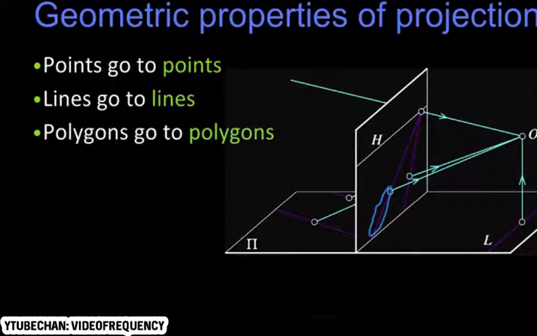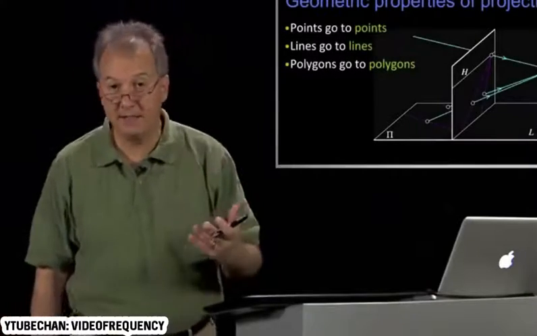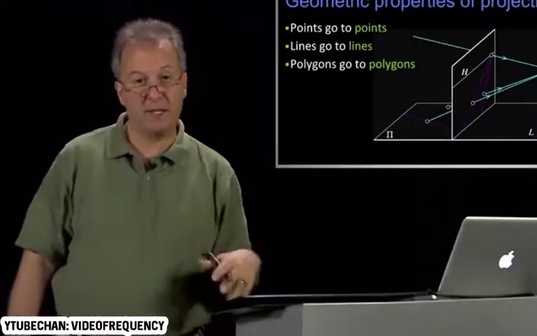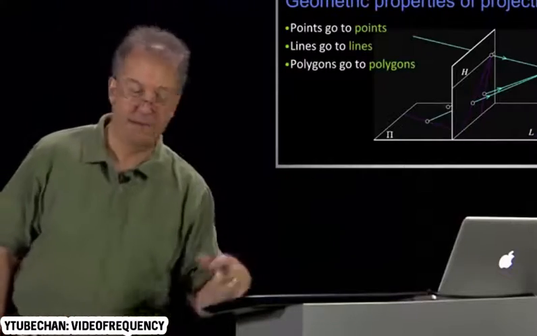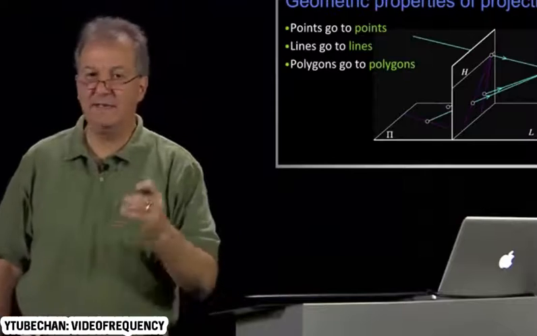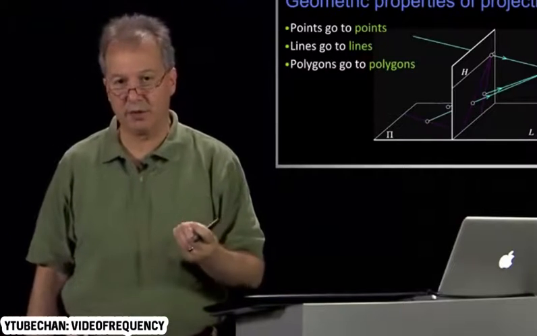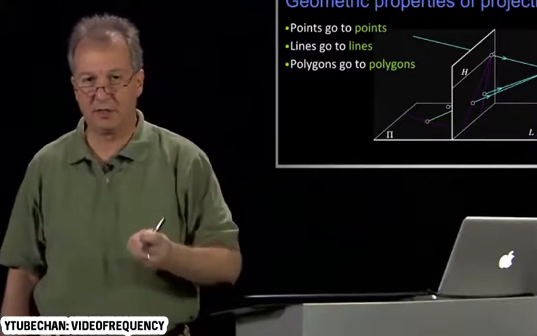So what that's saying is, not only do points go to points, lines go to lines. And if lines are going to go to lines and points go to points, then polygons go to what? They go to Mercury. No, polygons go to polygons. All right? Not rocket science, but it is this invariance of lines in perspective projection, lines mapping to lines, that we leverage quite a bit.